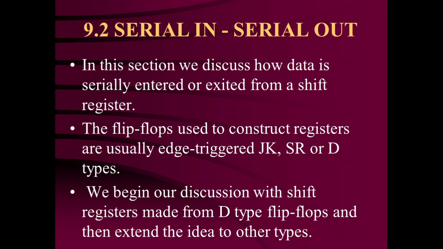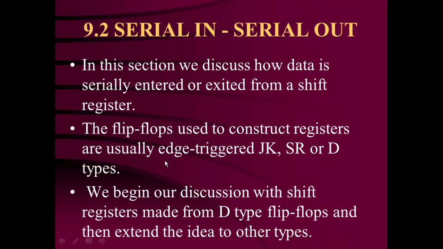Now we'll see in detail how these shift registers are prepared and how they can be implemented. Section 9.2 is the serial in serial out shift register. In this section we discuss how data is serially entered into or extracted from a shift register. The flip-flops used to construct a shift register are usually edge-triggered JK, SR or D type flip-flops.